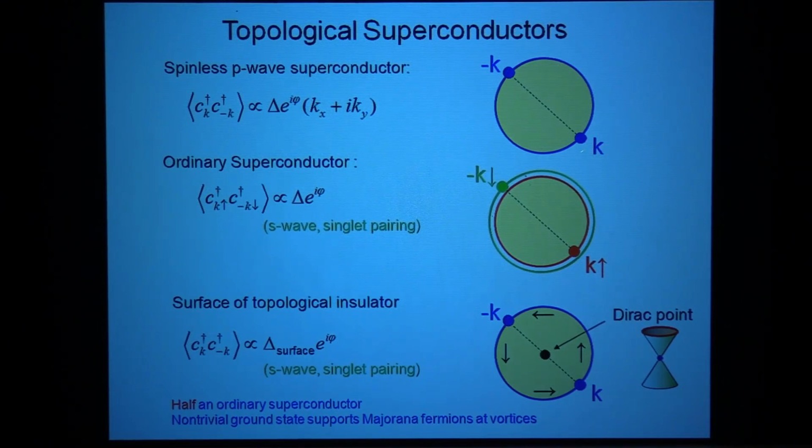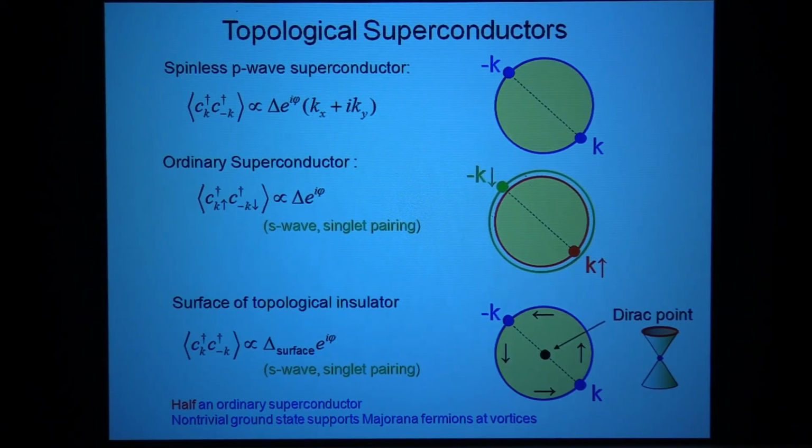So there's just a single state for electrons going around the Fermi surface, and then I'm pairing the states at k and minus k with a p plus ip type order parameter, and that gives me this topological superconducting state.